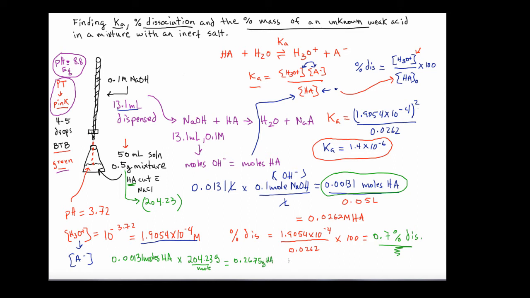So my percent mass is going to be 0.2675 divided by 0.5 grams. That was what I originally massed out, was HA plus an inert salt, and then this is times 100. And the percent mass that I got was about 54%.